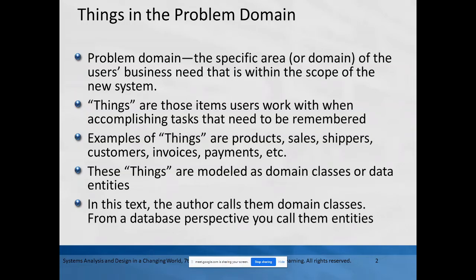This last point here, it says in the text, the author calls them domain classes, and from a database perspective, you'd call them entities. I actually modified this a little bit, and I think the original version is still on the Course Scholar site. So if you're following along, you might notice this bullet point's a little bit different.